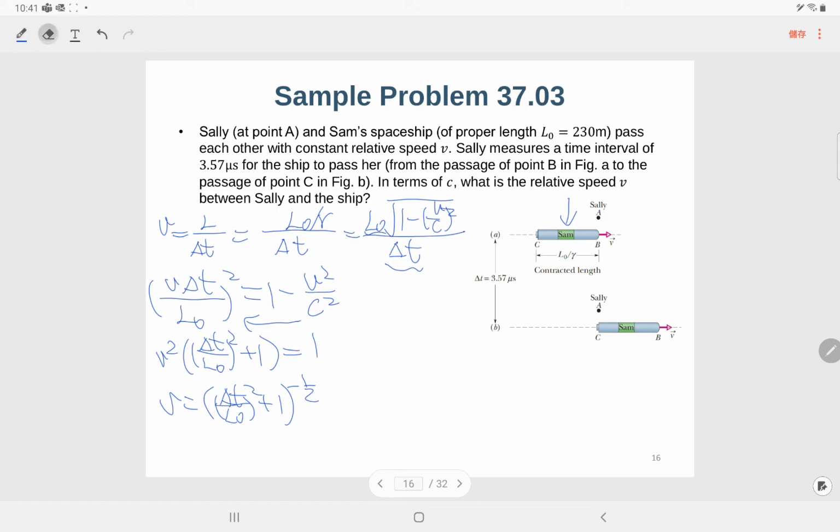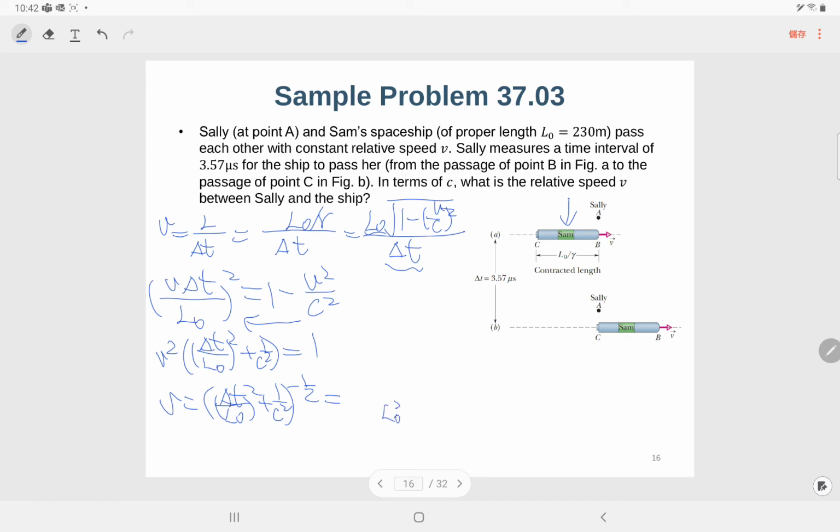Not this one. Here we should have 1 over c squared. So we can just add them together.